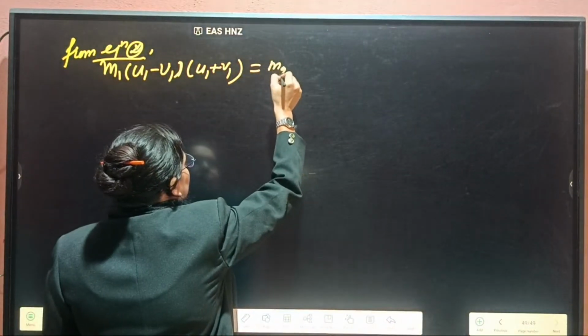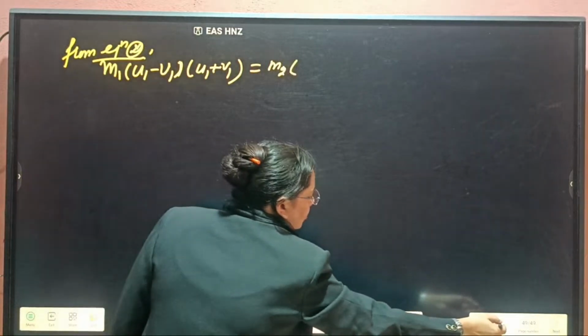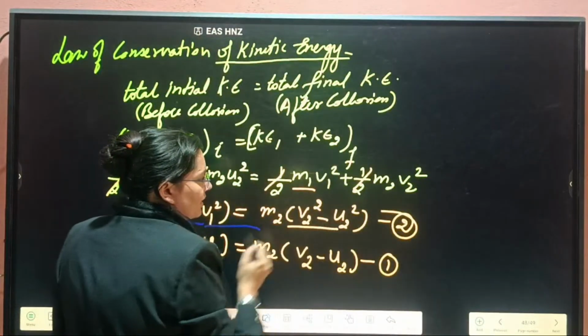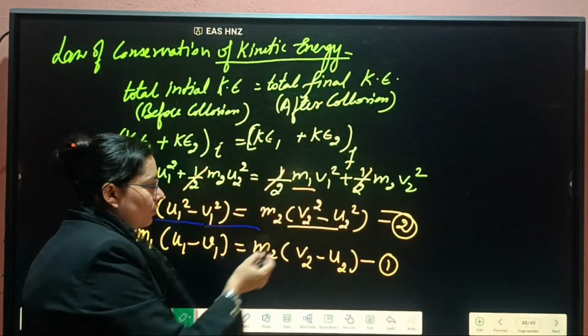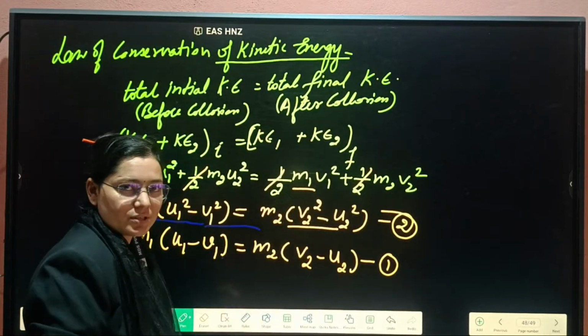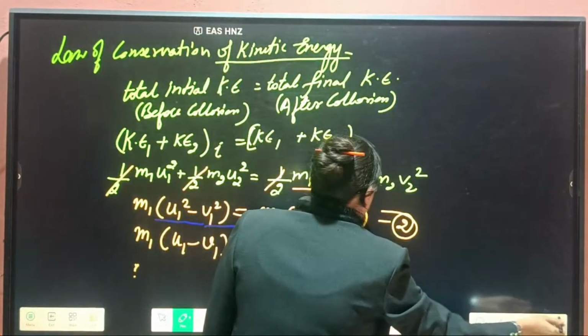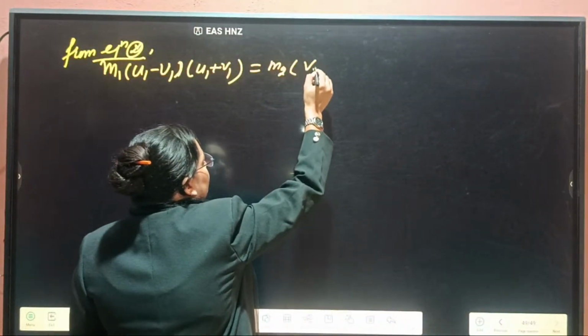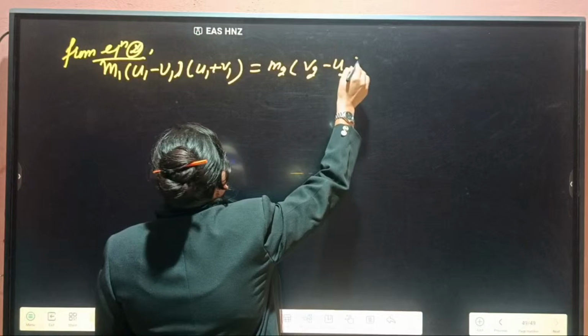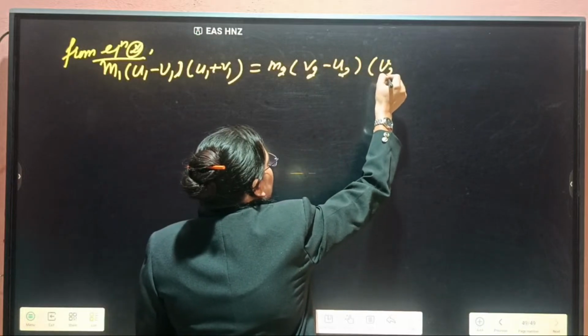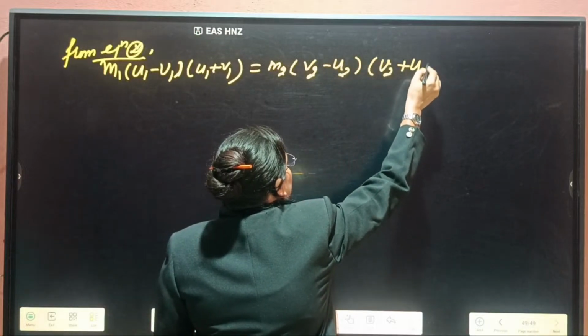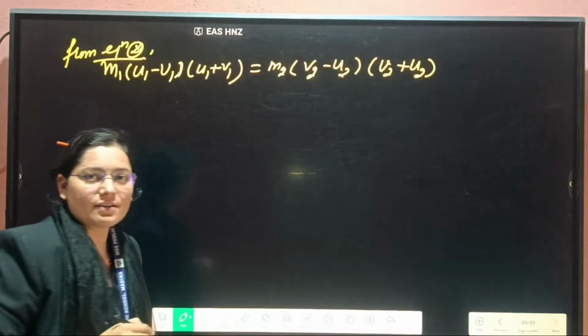Then m2, then here formula will be v2 minus u2. Now here open this one a square minus b square, a plus b, a minus b. So here we can write this one v2 minus u2, v2 plus u2. Clear? This one our second equation.